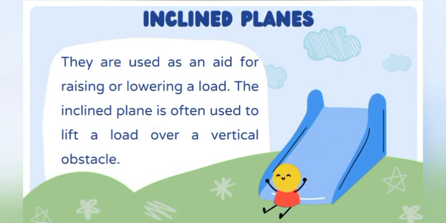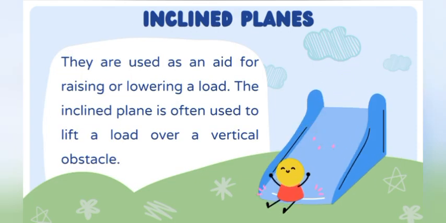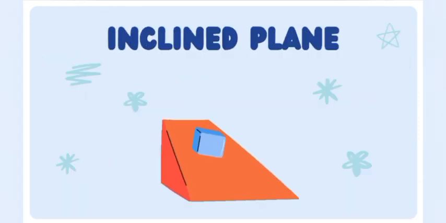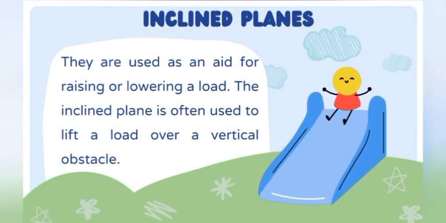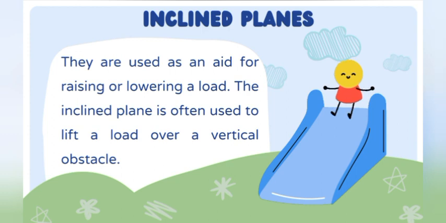The energy that you have used in carrying the bulk of the load on your head, or the energy that you have used in pushing it against that resistance on the vertical surface, would be reduced by the inclined plane. It is also efficient. The inclined plane is efficient. It is a simple machine, which is basic and also simple to operate. All right. Today, I hope that you have learned a lot from what we have said so far.